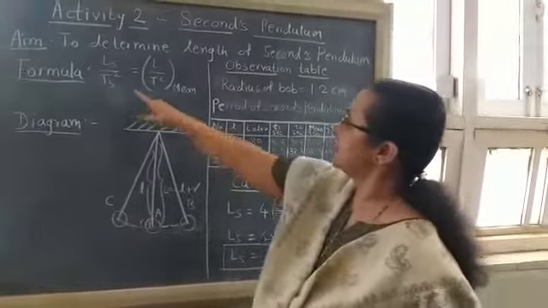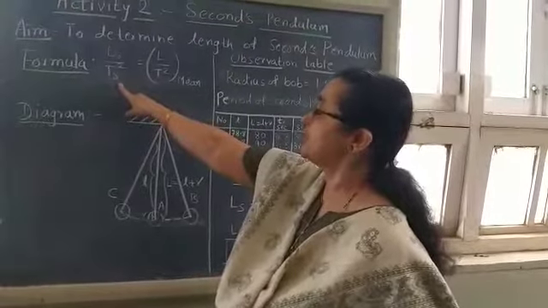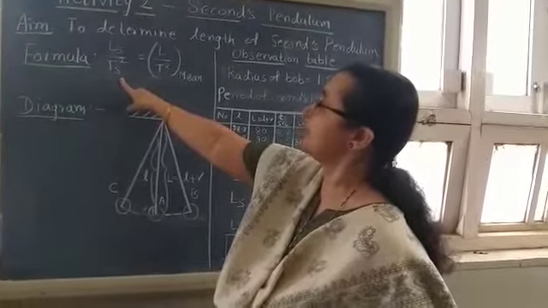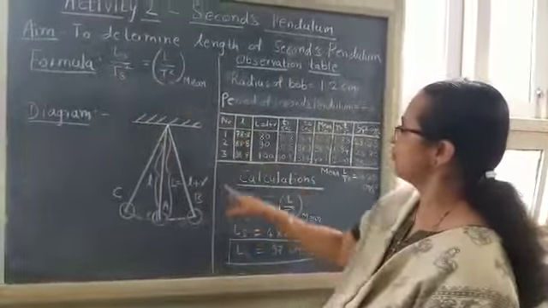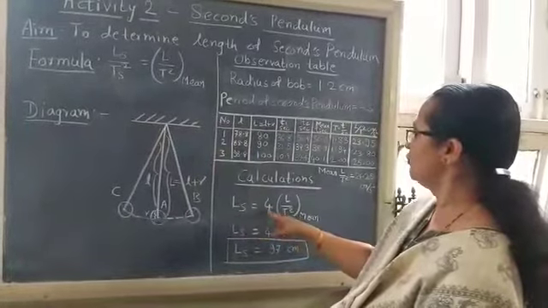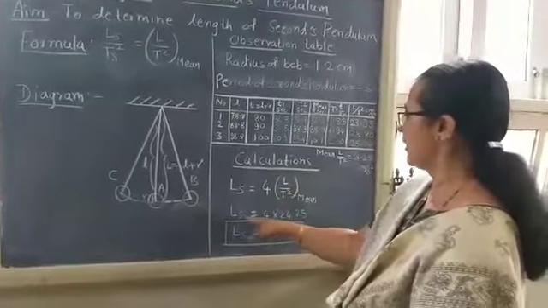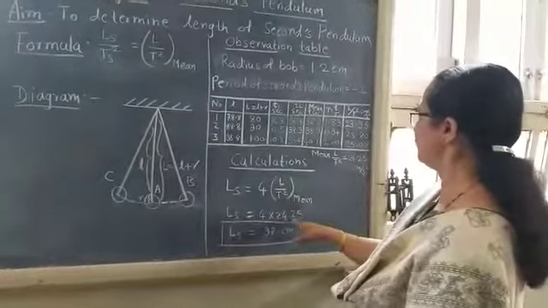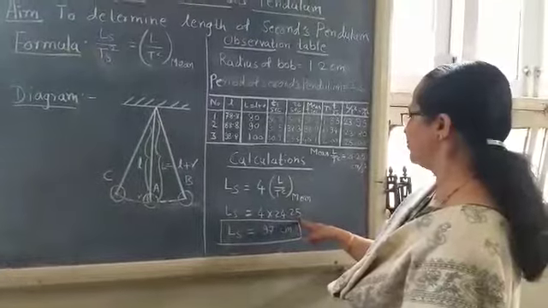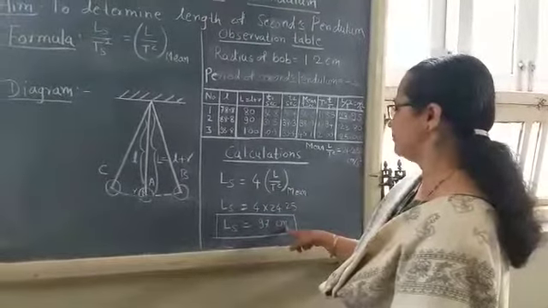Now Ts, the period of the seconds pendulum, is 2 seconds, therefore Ts square is 4 seconds square. Therefore Ls is equal to 4 multiplied by the mean L by T square, that is 4 multiplied by 24.25. Now it comes out to be 97 centimeter.